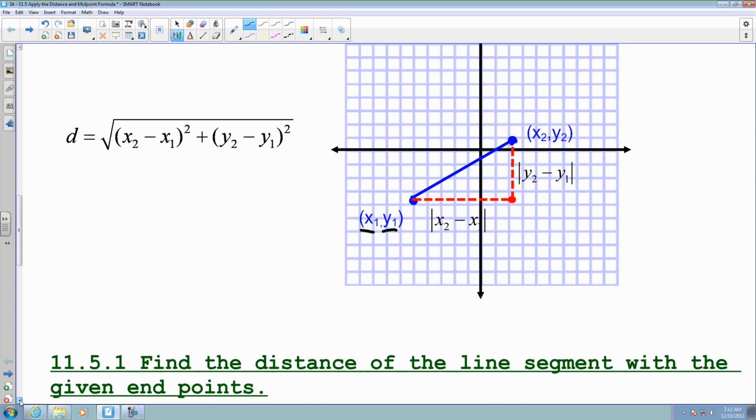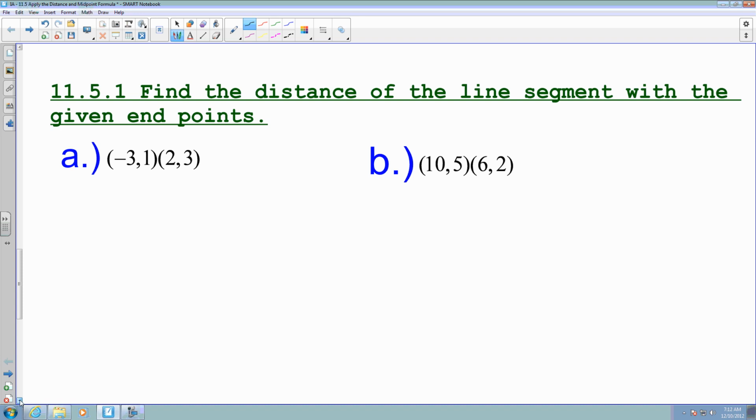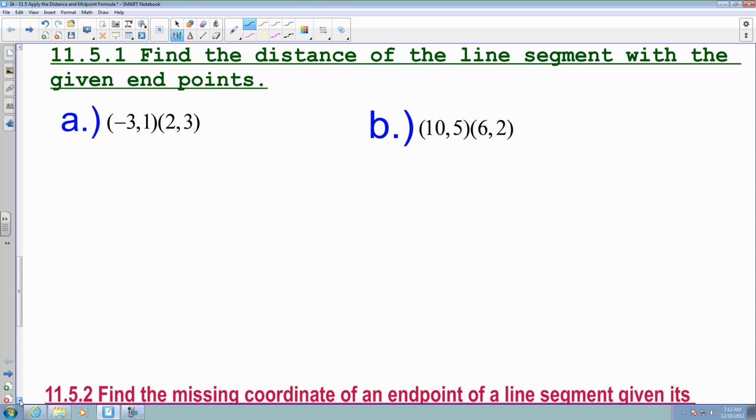So the distance formula helps us when we have coordinates. So let's do an example. If we're given 2 coordinates, for A we have -3, 1, and 2, 3. So now we have to apply the distance formula.